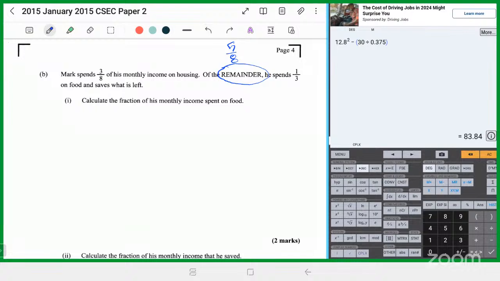It says calculate the fraction of his monthly salary spent on food. So food is 1/3 of the 5/8. The fraction spent on food is 1/3 times 5/8, which is 5/24. Simple as that. It's 1/3 of 5/8 of the salary. Okay with that?